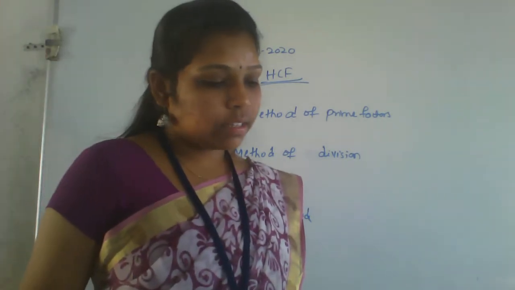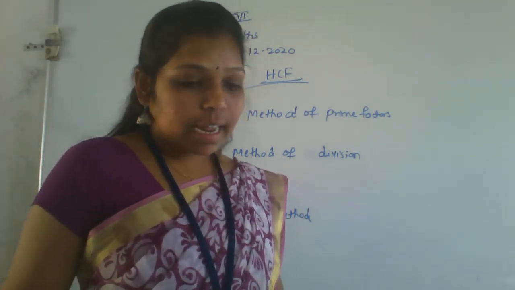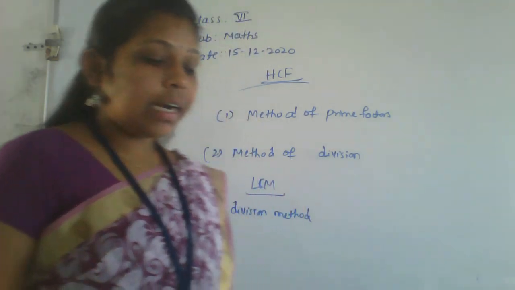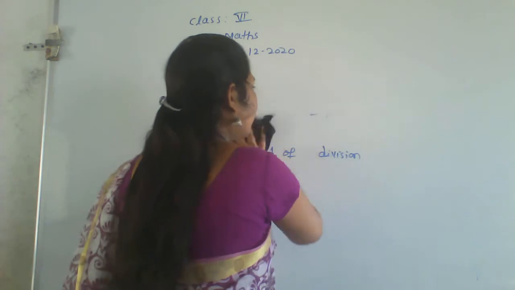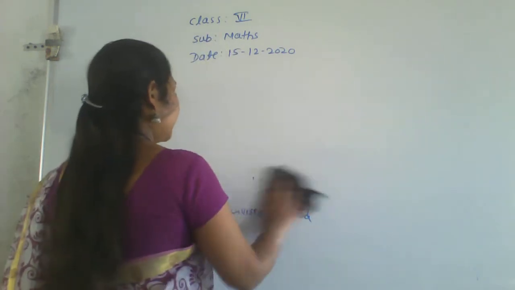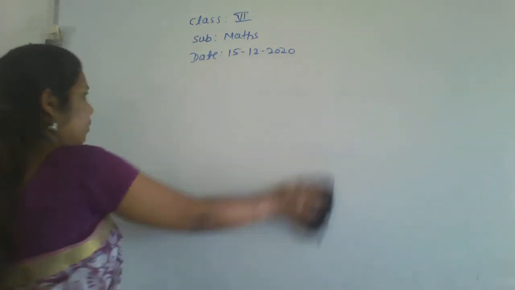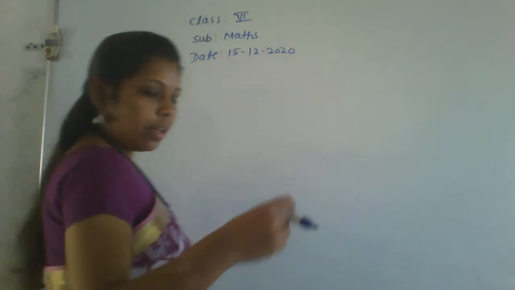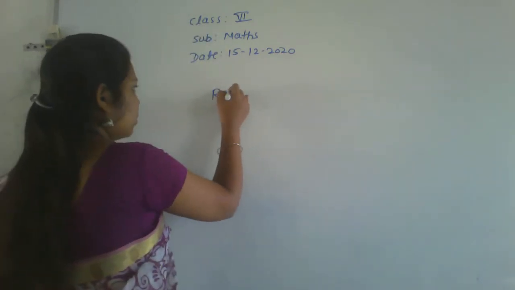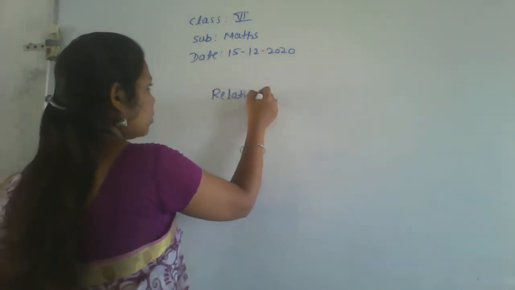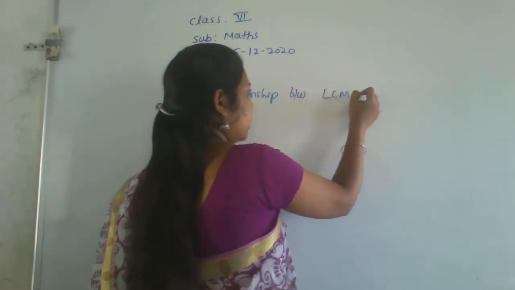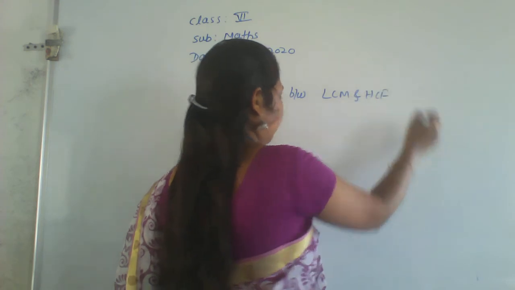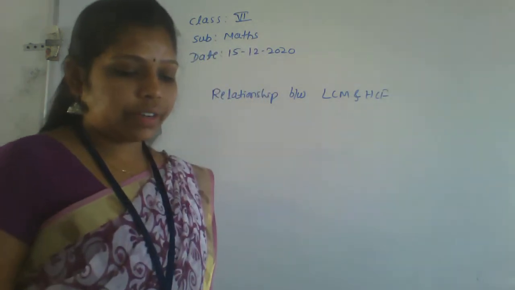Next, LCM is also there, and after that they have given some relationship between LCM and HCF. We see the relationship between LCM and HCF. What is the relation they have given here?